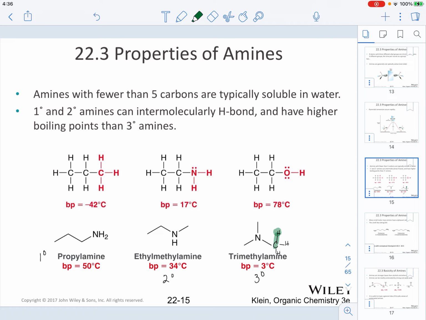It actually has dipole-dipole events. You may remember from general chemistry that when it comes to intermolecular forces, the higher number and strength of intermolecular forces has an effect on boiling point. And as you can see, that's the trend we see when we compare primary to secondary to tertiary.